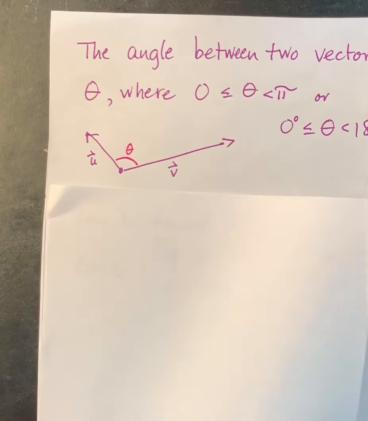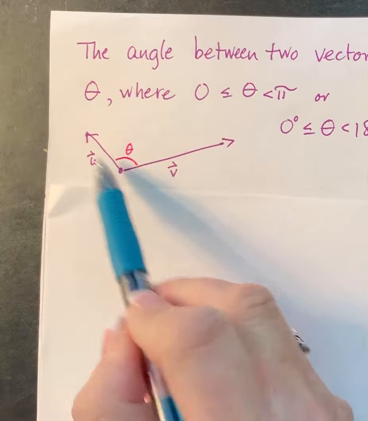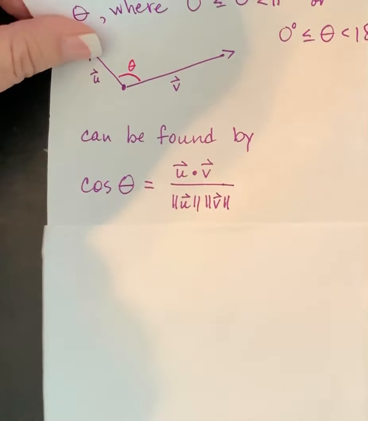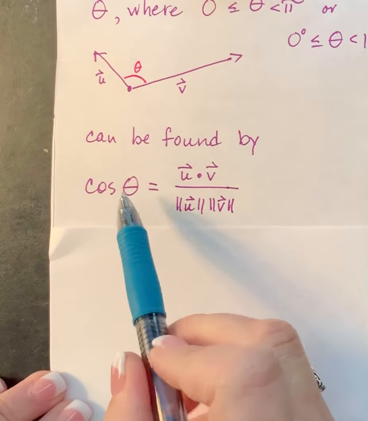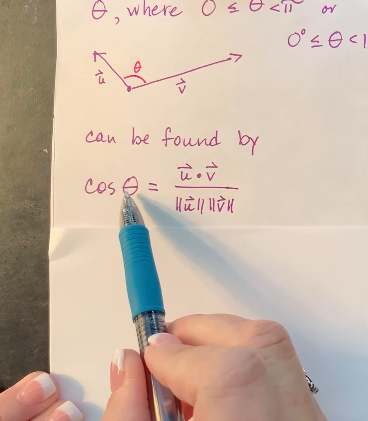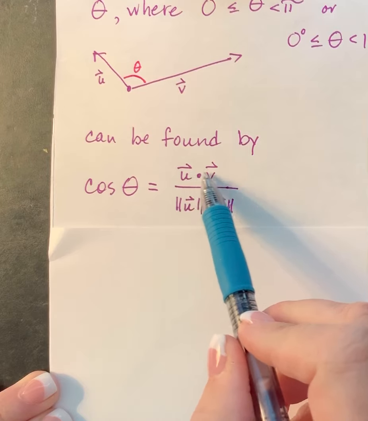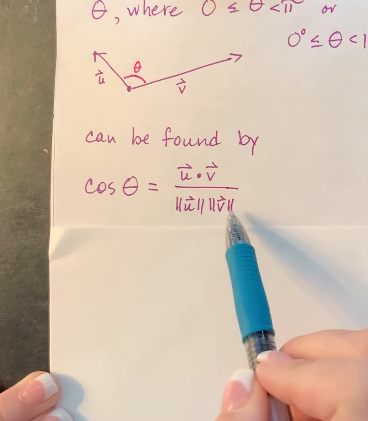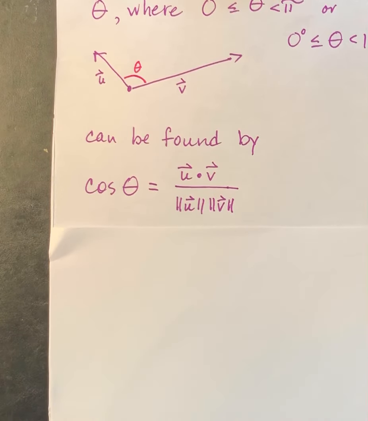All right, so if you have two vectors and you want to find the angle in between them, this formula will be true. That the cosine of the angle between them, in this case cosine of theta, will be equal to the dot product of the two vectors divided by the product of their magnitudes.